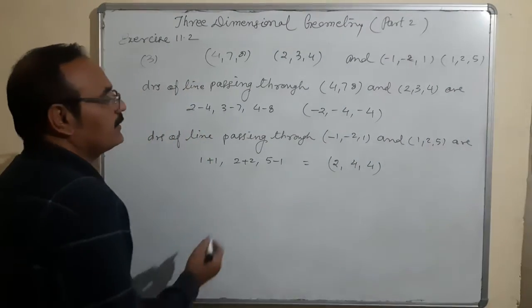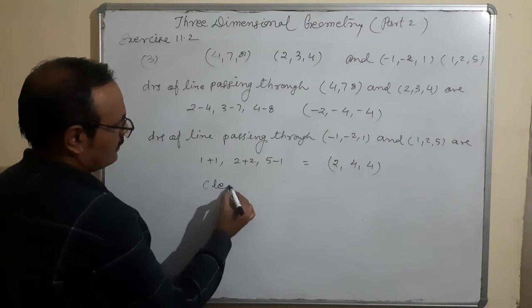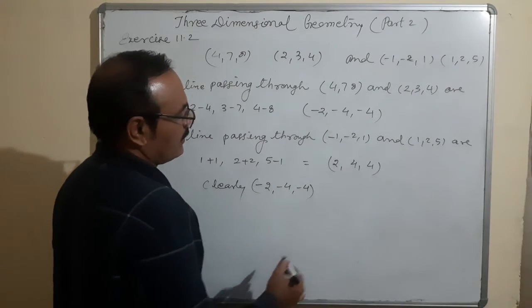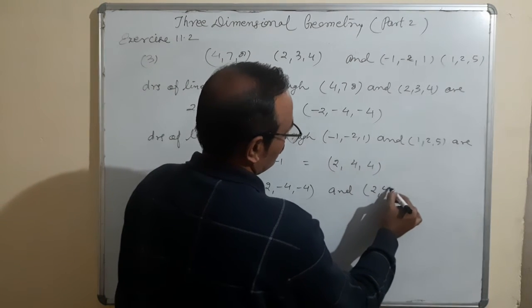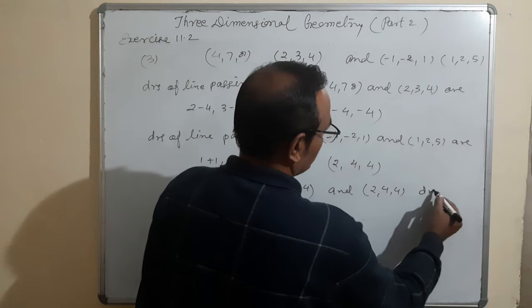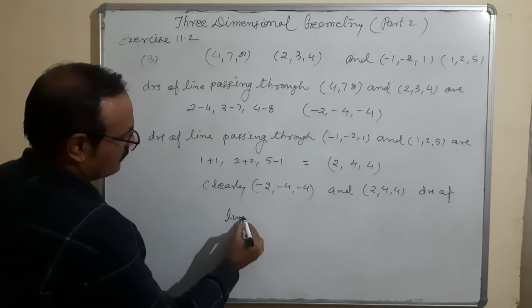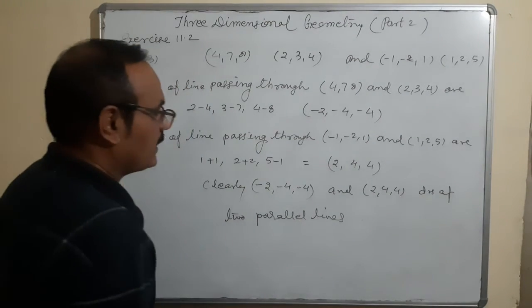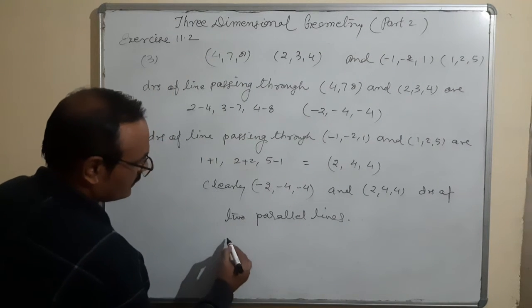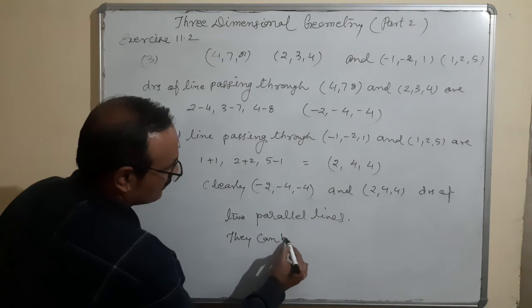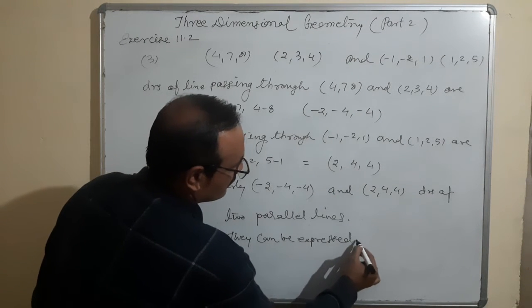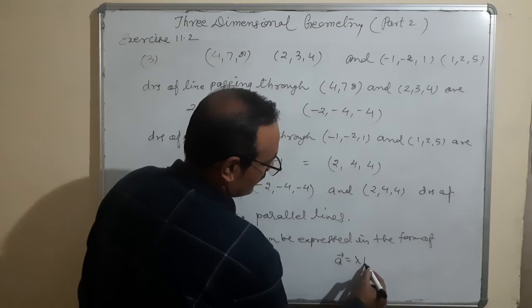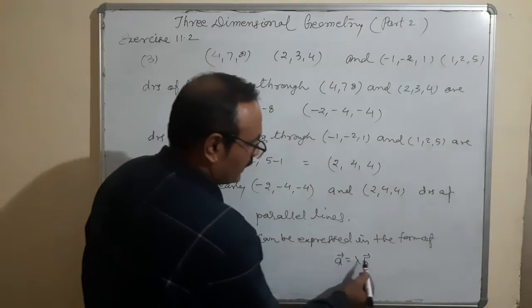Clearly -2, -4, -4 and 2, 4, 4 are direction ratios of two parallel lines, because they can be expressed in the form of vector A equals lambda vector B. What does it mean?